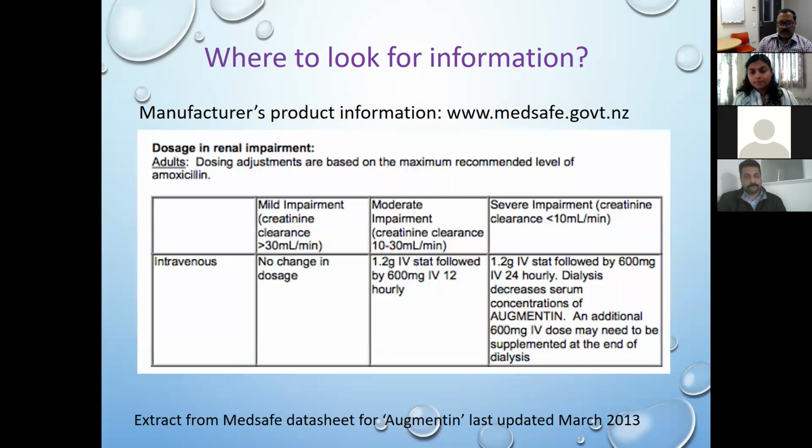Dialysis, it says, decreases the concentration of Augmentin, and it recommends that an additional 600 milligram dose may need to be supplemented at the end of dialysis if dialysis occurs too close to when you just gave the last dose.